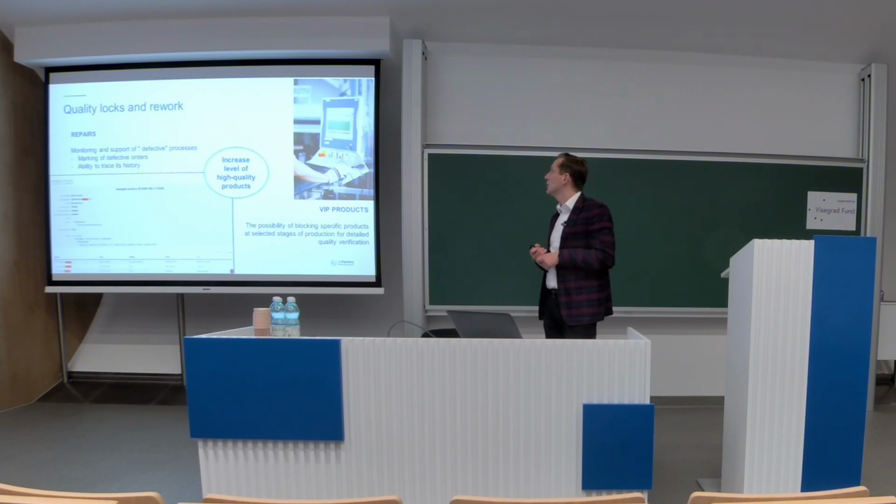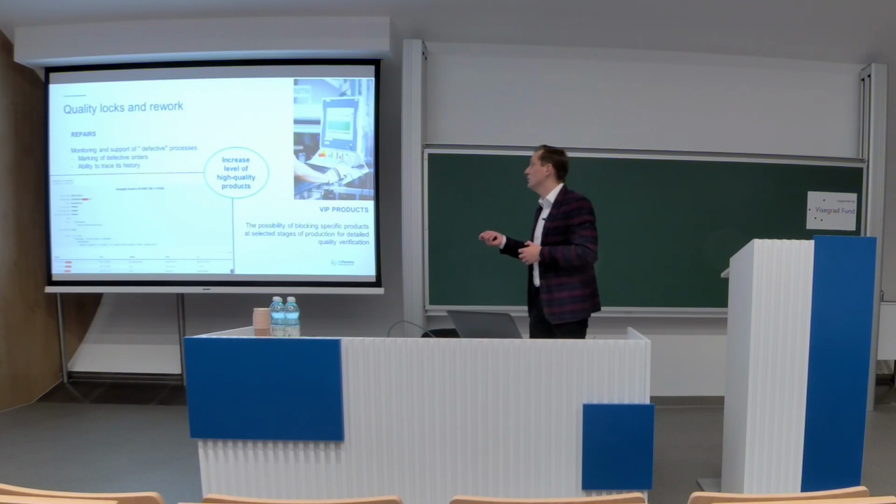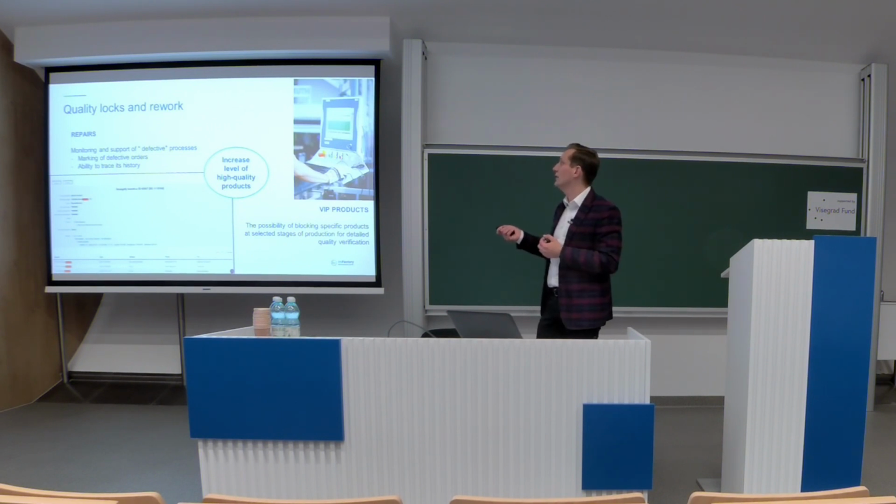So this company decided to put this kind of system on these more important processes and monitor and support defects in this kind of processes. So in an automatic way, marking of defective orders and the ability to trace their history. And at the end, it increased the level of high quality products.